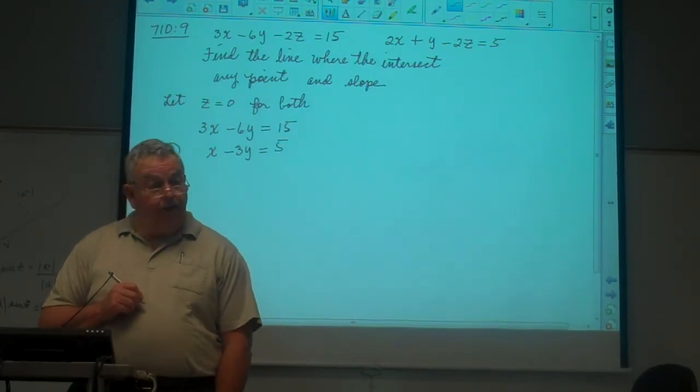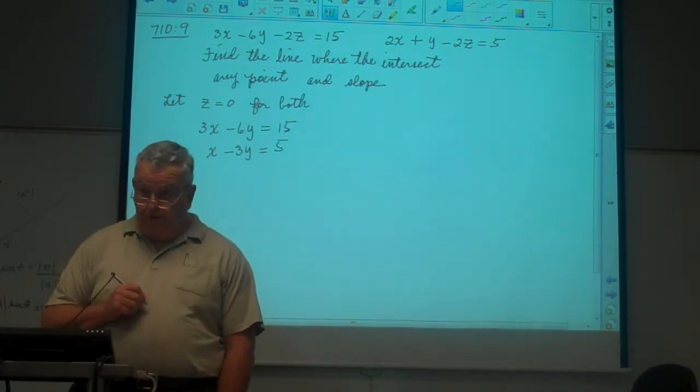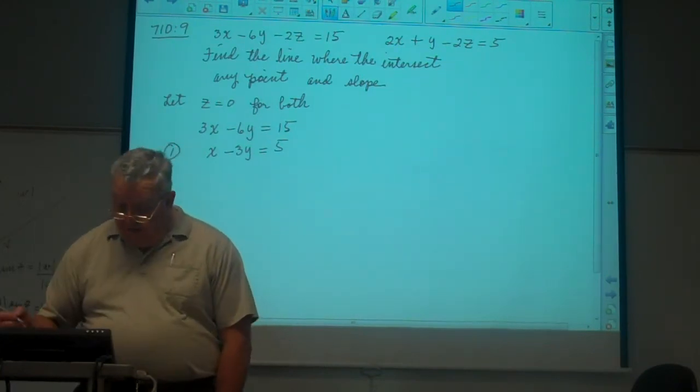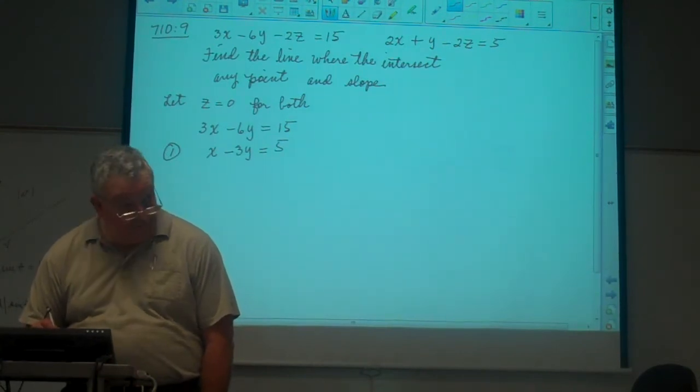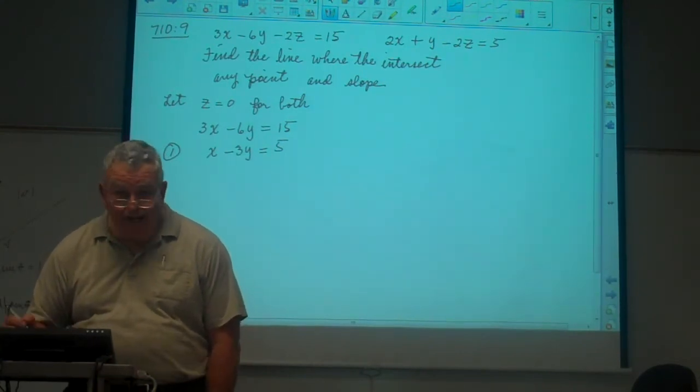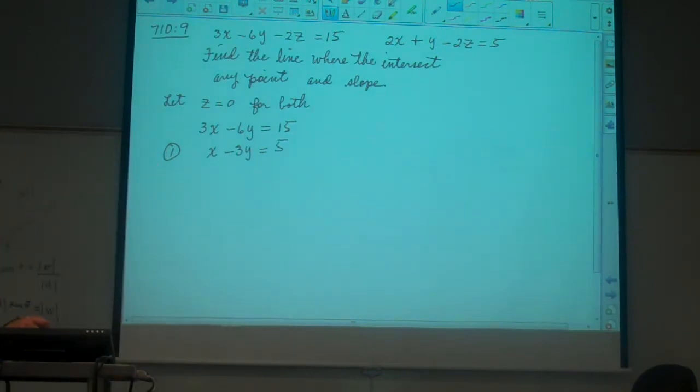I'll let z equal to 0. Okay, I'm going to do the same thing on this one. And that is, x minus, did I do it wrong? Did I mess that up? No, you did one line, you're doing the first equation, dividing everything by, no. x minus 2y.